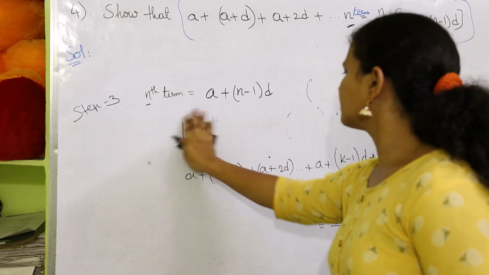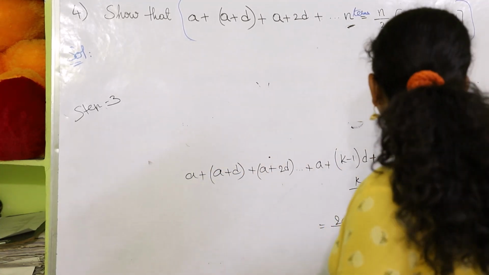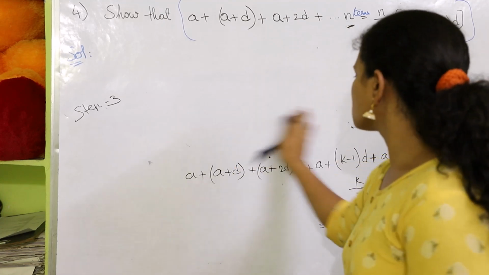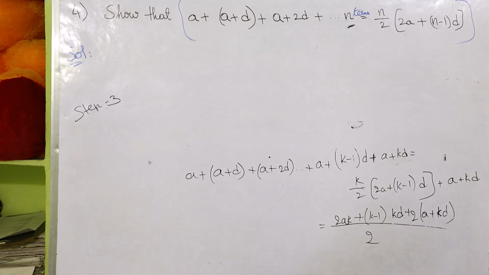Let's go for the next step. 2ak plus k minus 1 into kd plus 2 into a plus kd.